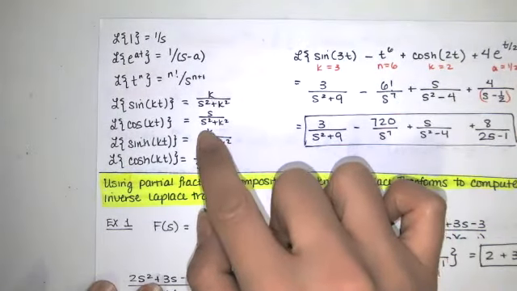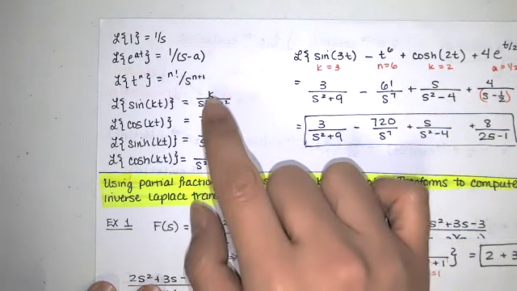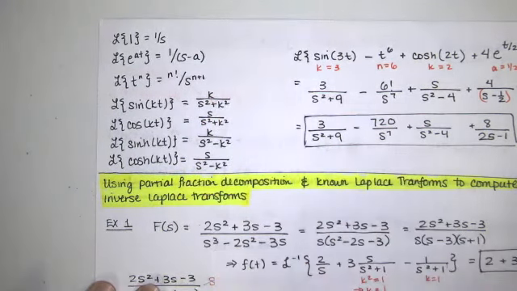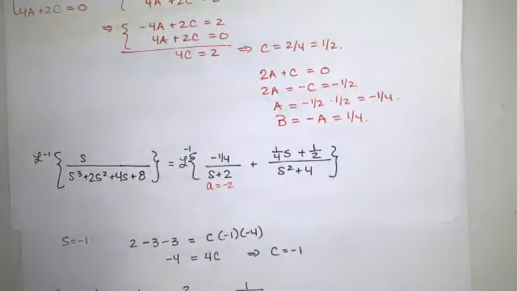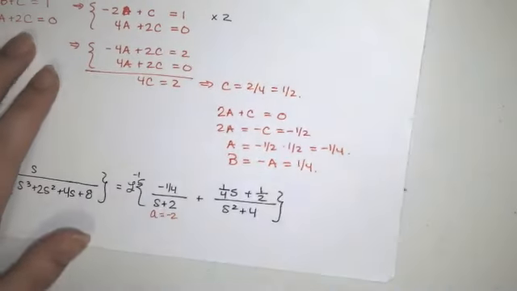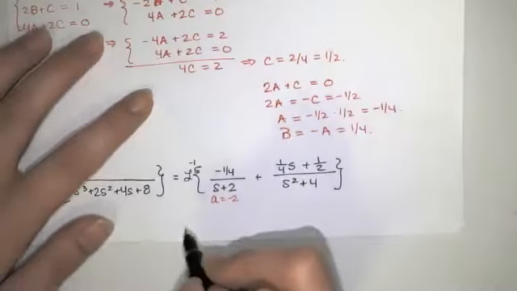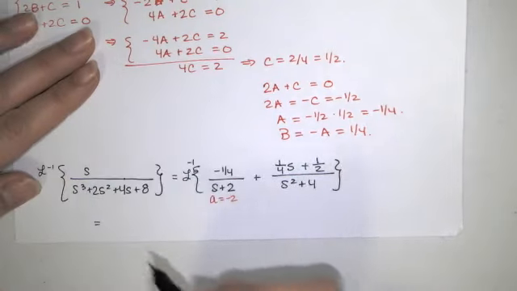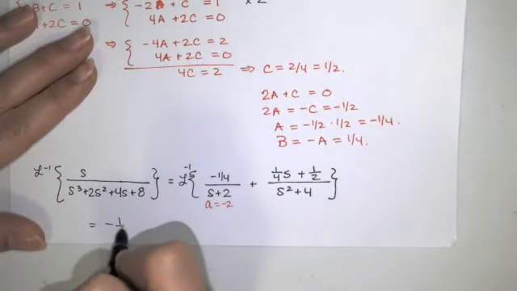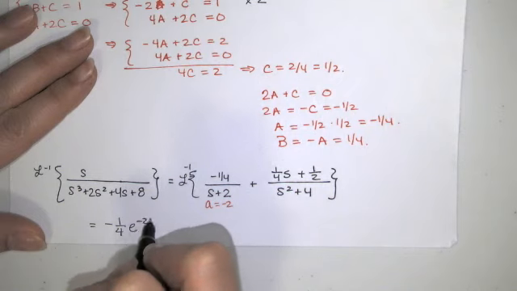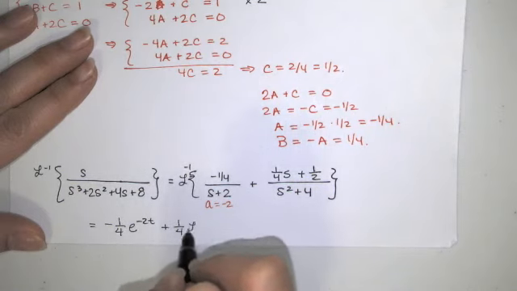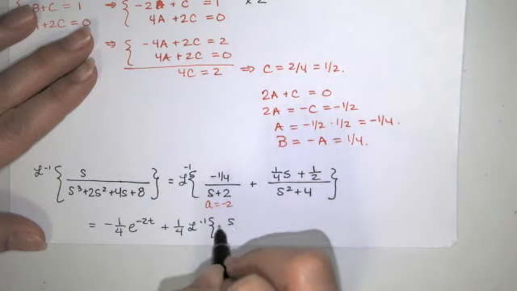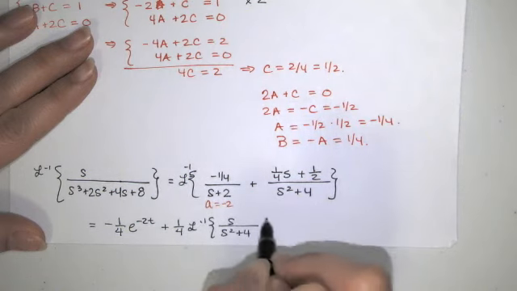We've got an s over s squared plus k squared here, and we've got a k over s squared plus k squared, but we don't have a linear combination of s and a constant. So we're going to have to split this up into 2 terms. So we end up with this. This first piece is -1/4 times e to the at, where a is -2. And then here, I want to write that as 1/4 times the inverse transform of s over s squared plus 4.